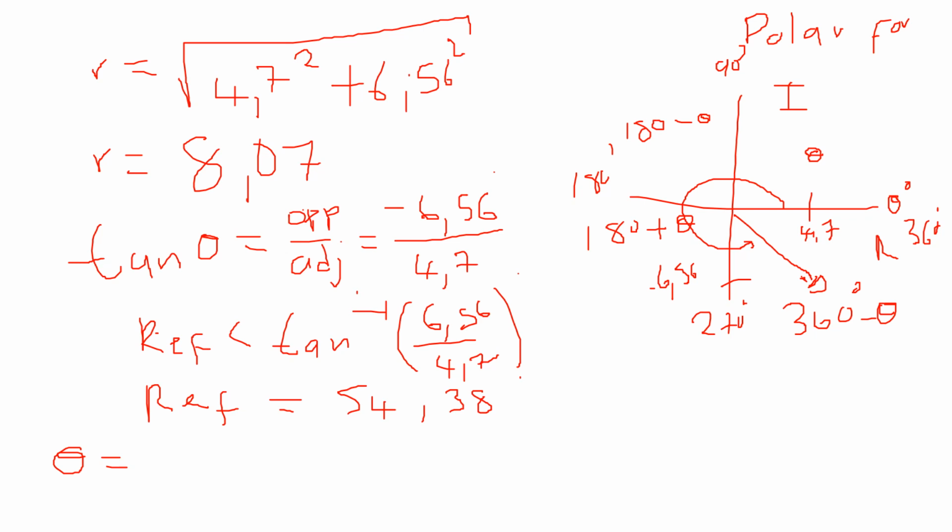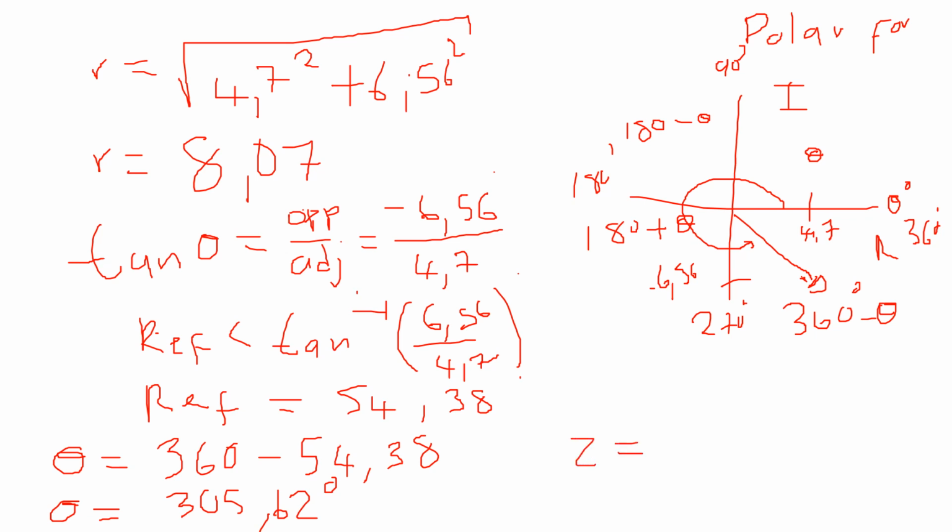So now our theta will be 360 minus 54.38, which is equal to 305.62 degrees.